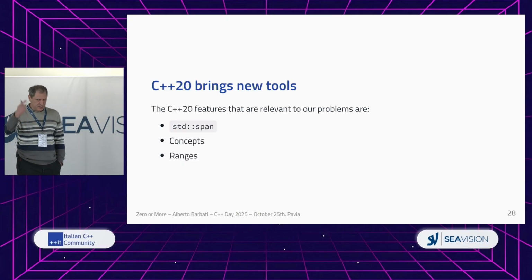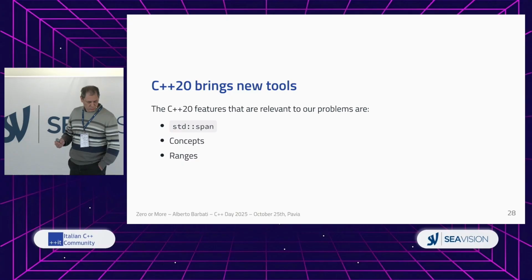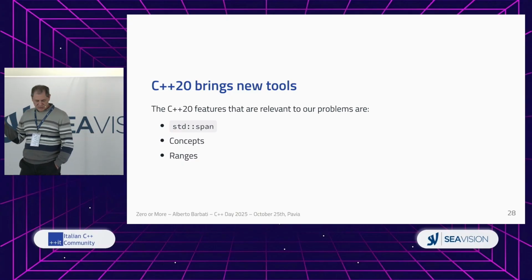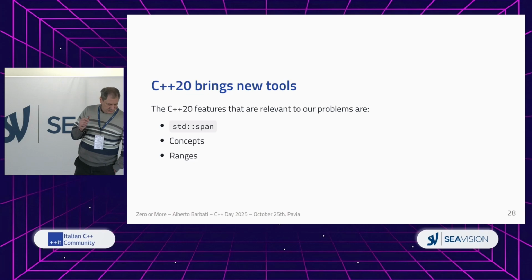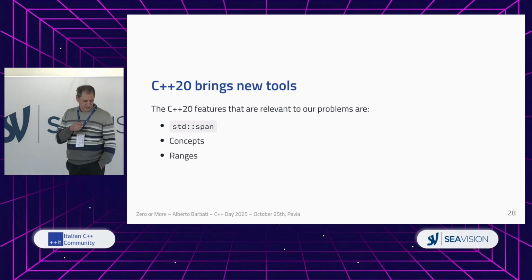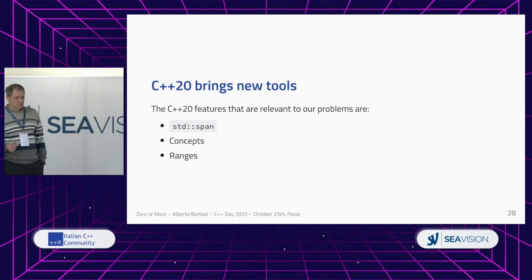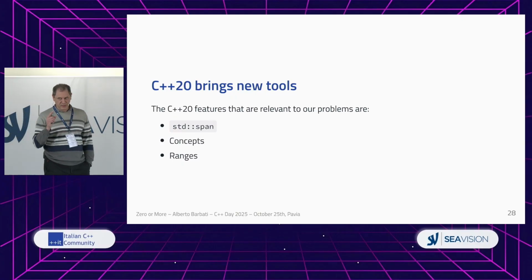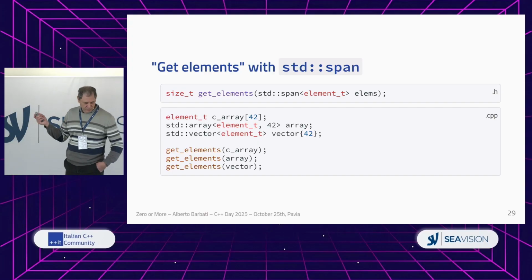Okay, let's go forward. C++20. C++20 brings new tools, span, concept, and ranges. Actually, the most interesting here is span. That brings some joy to the only approach that we didn't improve since C90, that is the buffer approach.